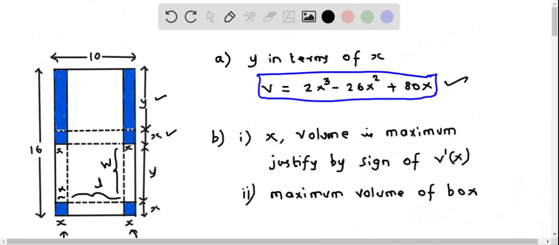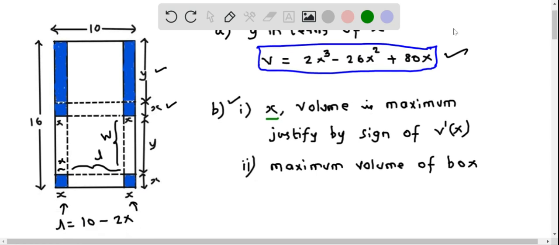Let's answer part B. So here we first determine the value of x such that the volume is maximum, and we will also have to justify that by the sign of the first derivative of the volume function. So first I'm going to write down this volume equation as a volume function. So I write this as V of x, and this equals 2x cubed minus 26x squared plus 80x.